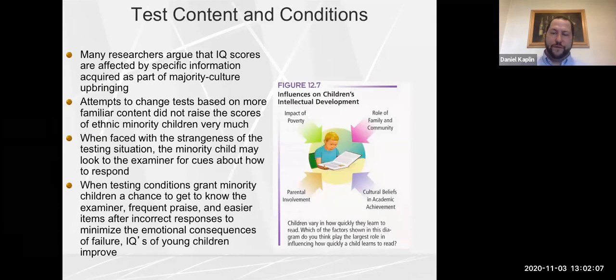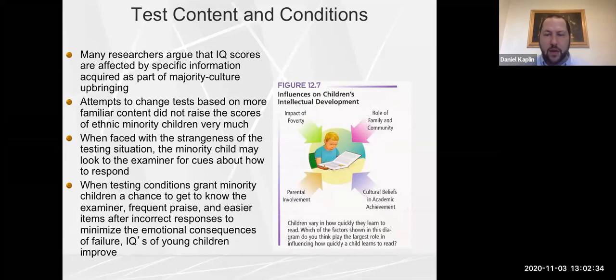So, what are the factors, social factors, environmental factors that drive performance? Well, one factor is poverty. Another factor is support from family and community. Another factor is parental involvement. And a final factor is cultural beliefs about academic achievement.